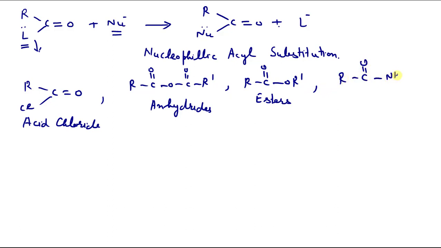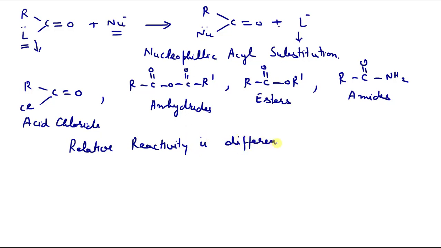So all these four carboxylic acid derivatives undergo nucleophilic acyl substitution. All can undergo, but their relative reactivity is different. Some of them are more reactive, some of them are less reactive. That's what we have to explain today.